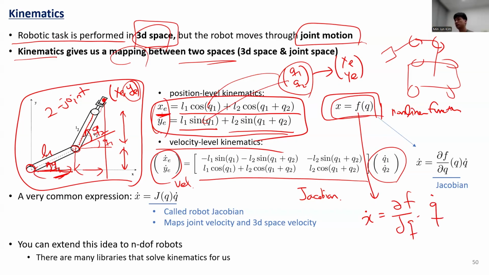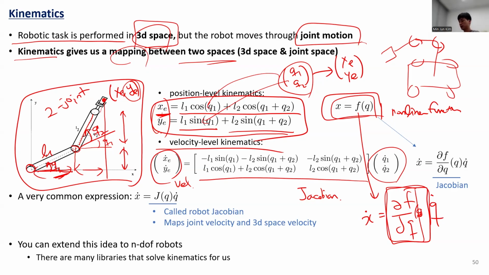And in calculus, this partial differentiation, partial F partial Q, that's called the Jacobian matrix, right? And in robotics, when we say Jacobian, it usually means this matrix, okay? So this one is of course a function of Q, this matrix, but it gives you a linear relation at the velocity level.